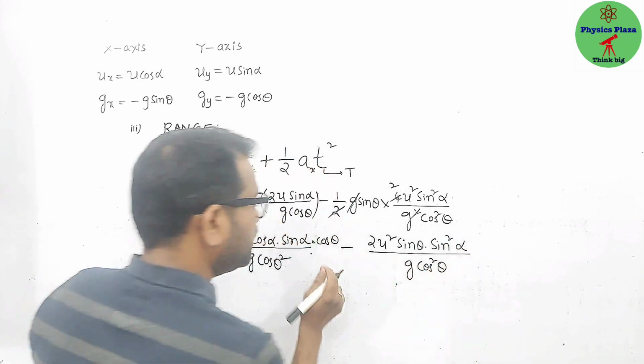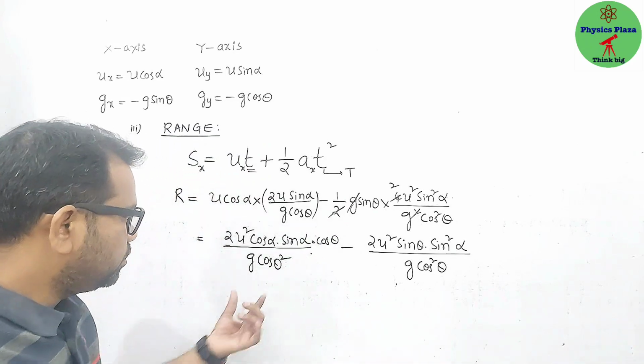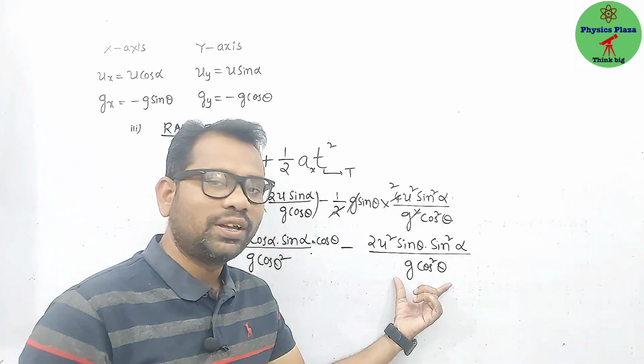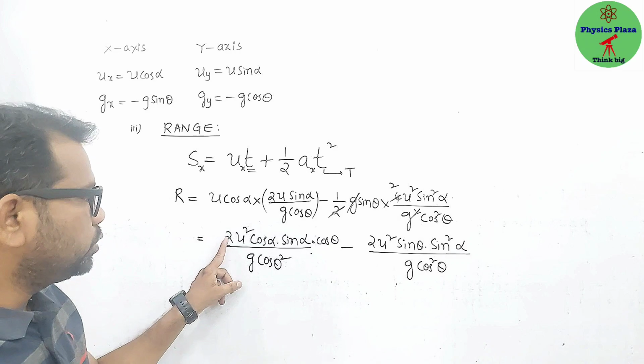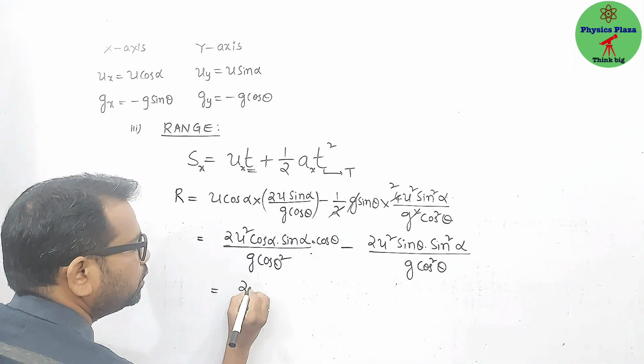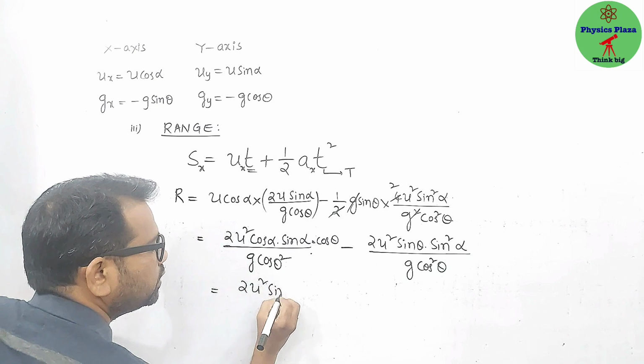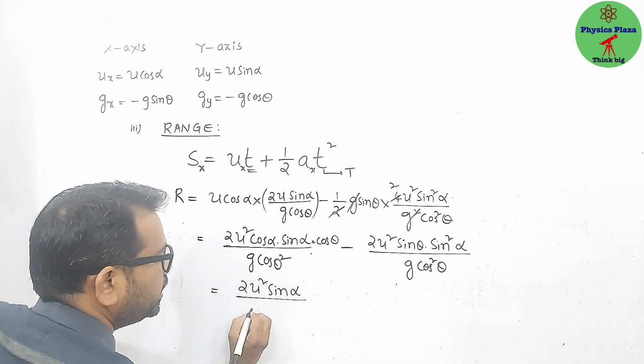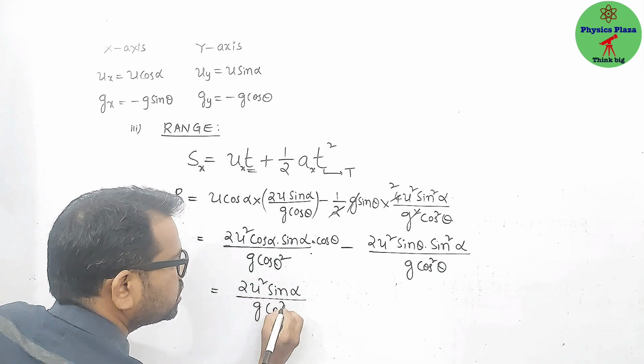Now look at here, why I multiplied and divided here. Now g cos square theta, g cos square theta, common, right? And here 2u square sin alpha I can take as a common. So our idea is this only. 2u square sin alpha we can take as a common by g cos square theta.